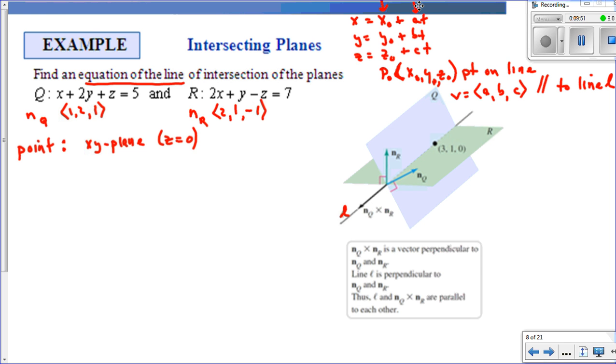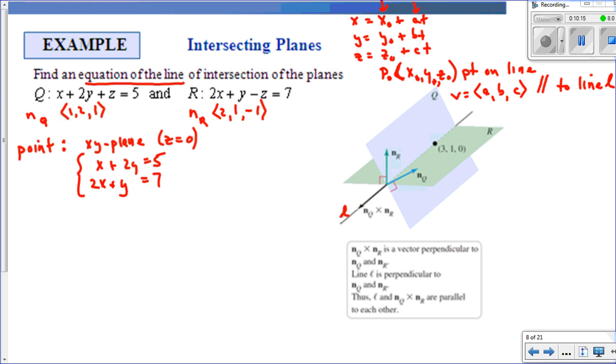So if I let Z equal to 0, I would have the line x plus 2y equal to 5. That's for Q. And I would have 2x plus y minus 0 equals 7. So that's the two equations of the line where the plane is passing through that xy plane.